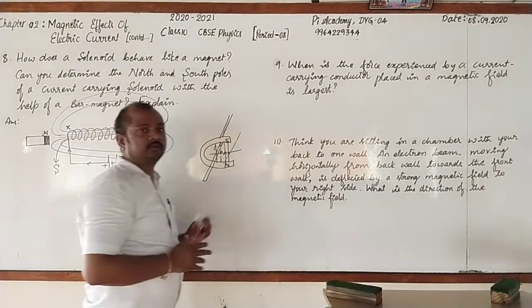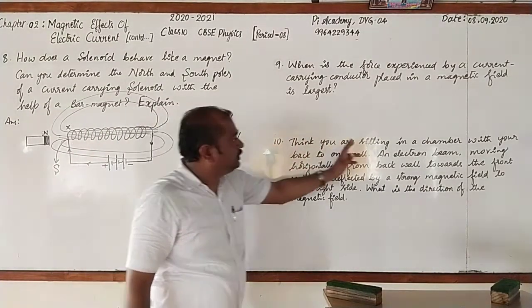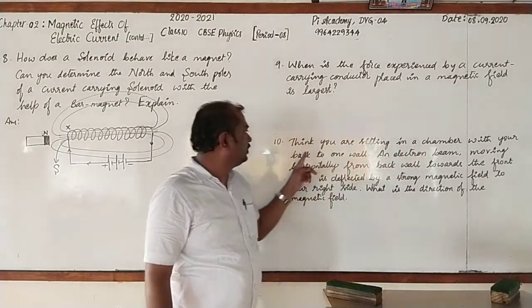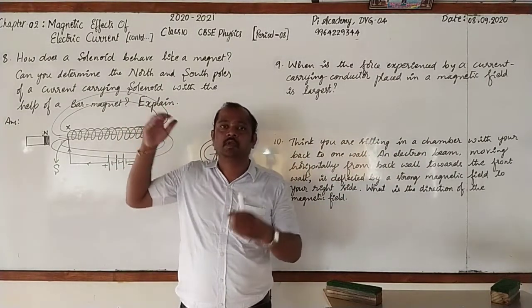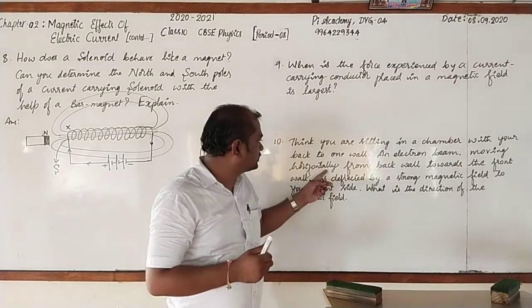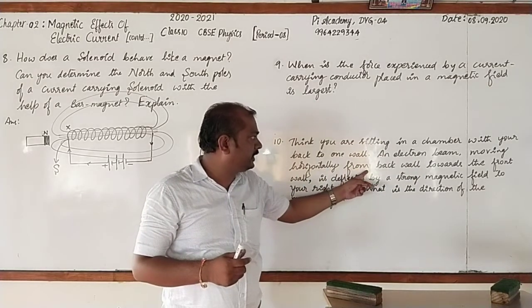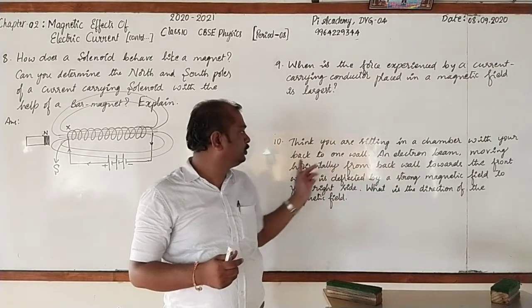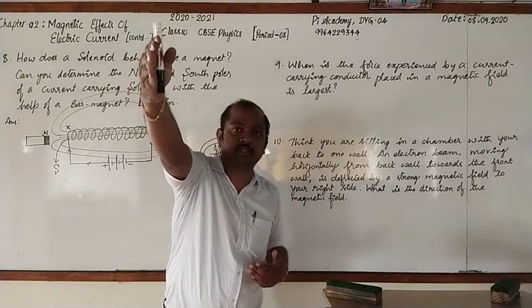Next, 10th one. Observe. Think you are sitting in a chamber with your back to one wall. Assume that this is the wall and here you are sitting. Followed? Next. An electron beam moving horizontally from back wall towards the front wall. In front of me, another wall is there.